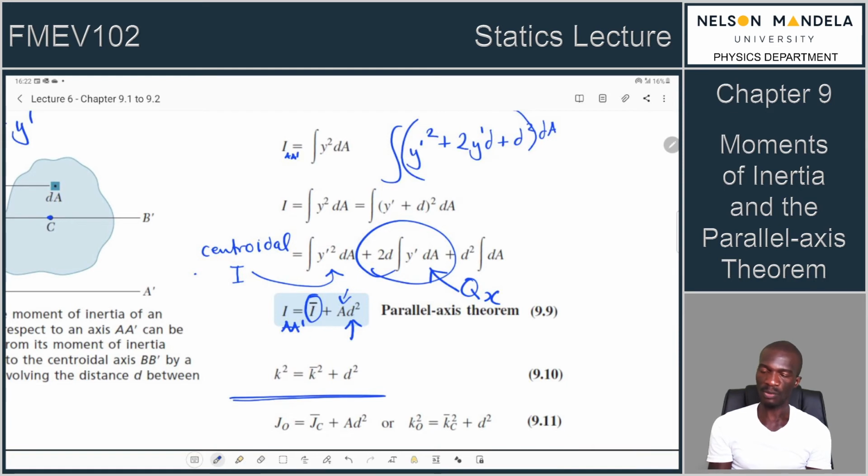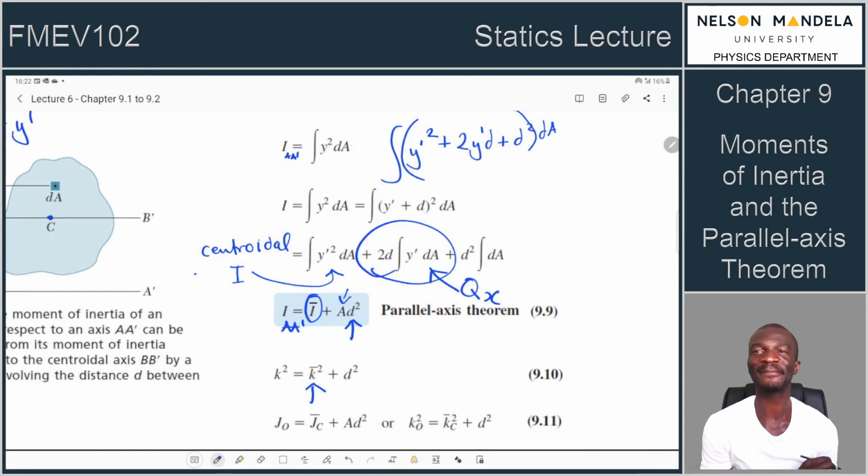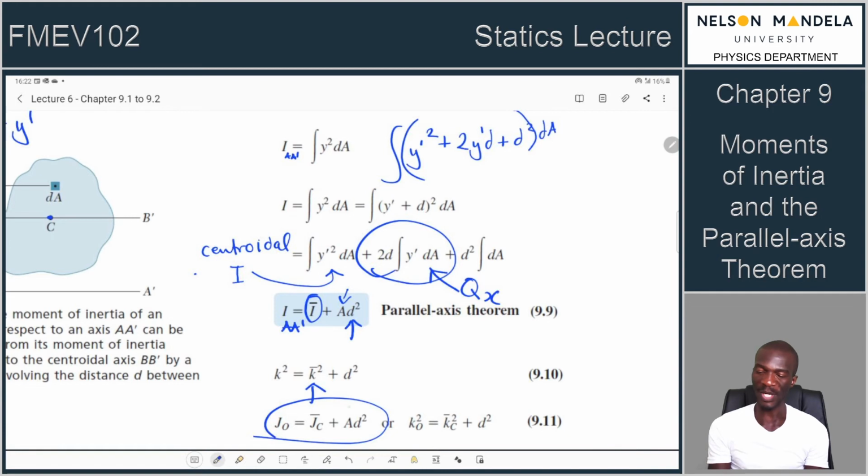By the same token, you can then find the centroidal radius of gyration, which is k bar, and the polar centroidal moment of inertia.